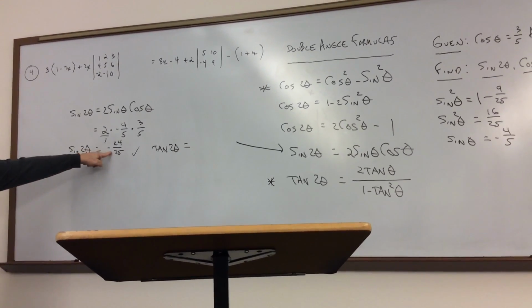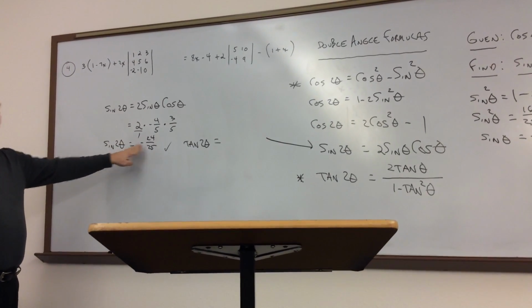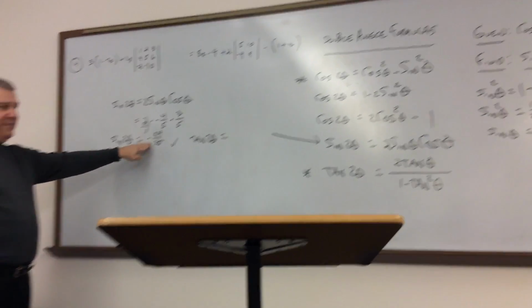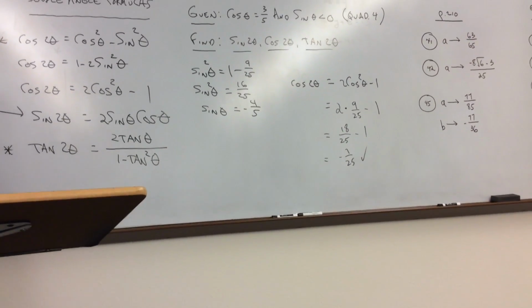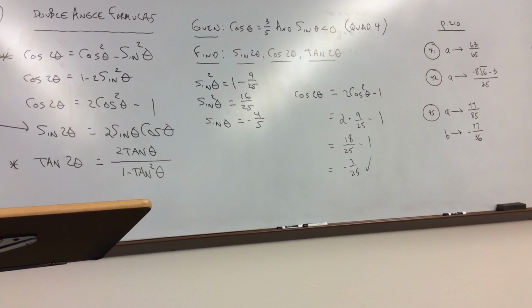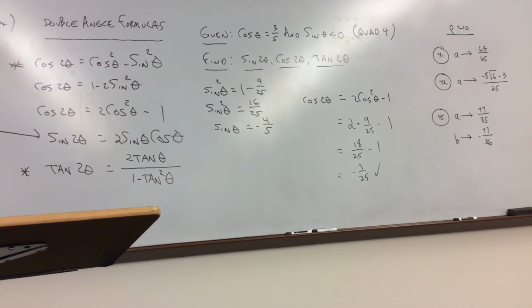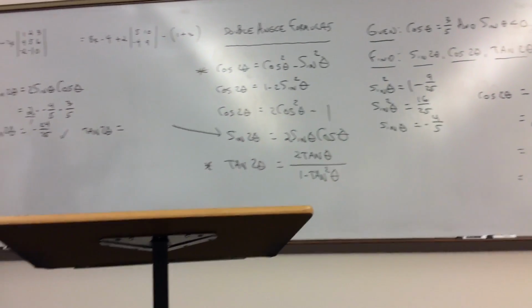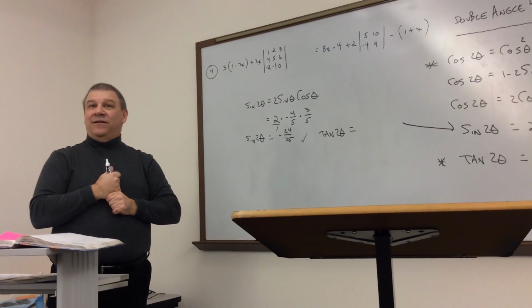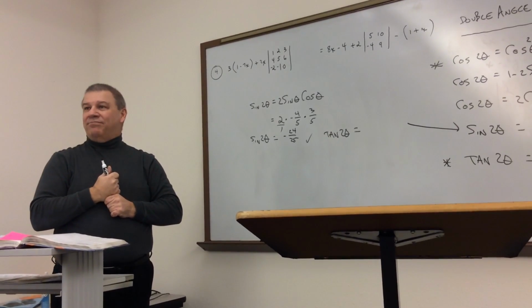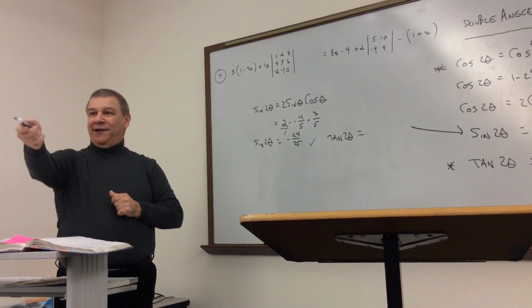The sine of theta is this. No, I'm sorry. The sine of 2 theta is this. And the cosine of 2 theta is that. We just found them. I want to know how you're going to find the tan of 2 theta now that you already know the sine and cosine of 2 theta. Is your hand up, Max?